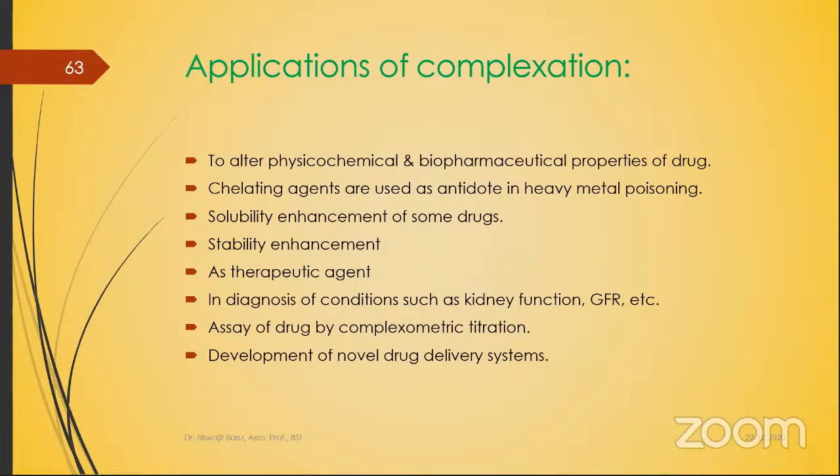The applications of this monomolecular inclusion complex are very, very important. We have completed the classification, only the applications are remaining. Next class we will study the details about the applications of this monomolecular inclusion complex.